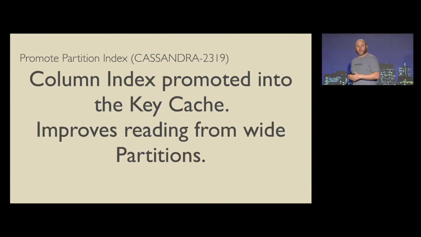Now, the change in Cassandra 2.3.1.9 was to promote that row-level cell index into the key cache. It was already stored in the IndexedDB, so it's not a huge change for it to be there, but that really improves performance when you're reading from wide partitions. Later on today, Patrick, after lunch, in his data modeling course, is going to talk about this.